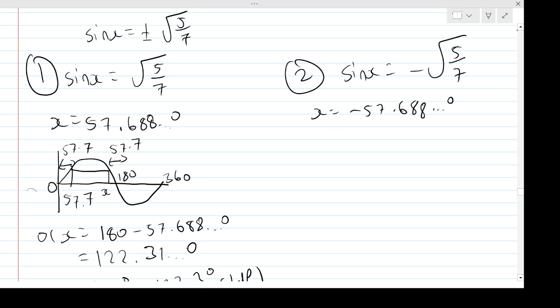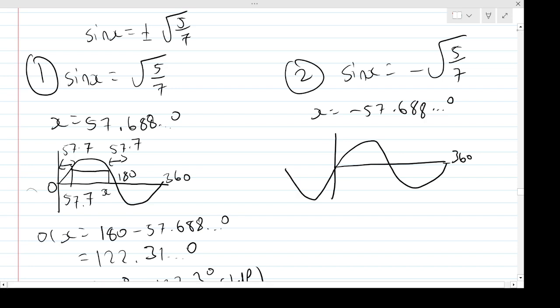So if we sketch our graph again, our sine graph, so 360 is there, but our angle is negative 57, so we're going to need to go backwards a little bit, right? Right, so then minus 57 would be about there, right? So then if we read off our graph, we got two more solutions there and there, when it also cuts the graph, right? How are we going to work that out then?